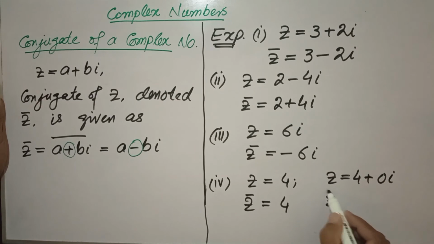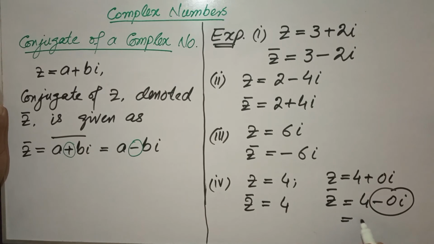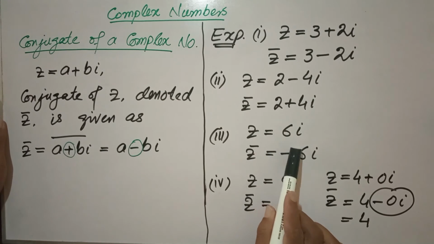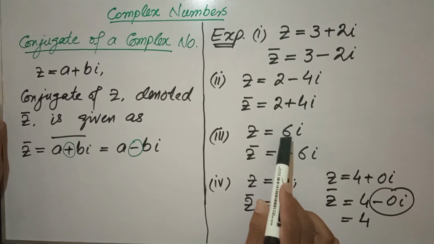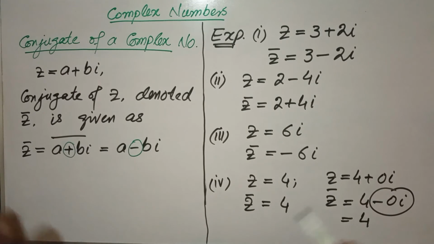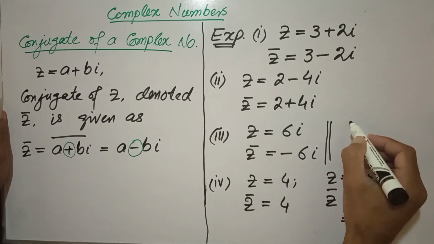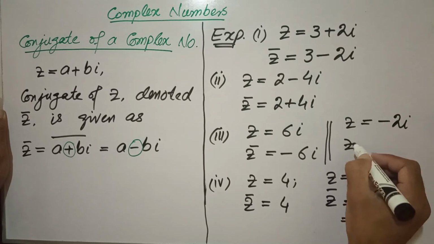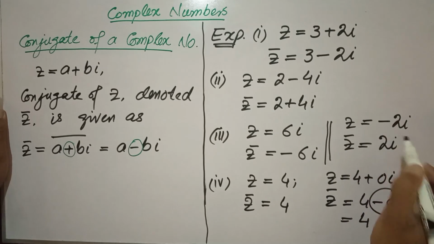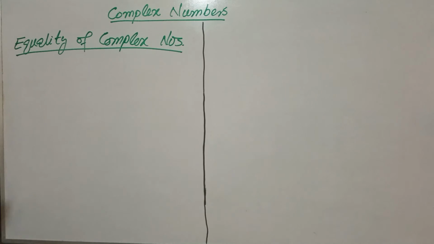So, if we take the conjugate, then 4 minus 0 iota can be written as just 4. So, if we have only a real number, then the conjugate remains the same, and if we have a pure imaginary number, then it becomes the negative of that number. If it is positive, it becomes negative. And similarly, if we have a complex number like minus 2 iota, then its conjugate becomes positive 2 iota.